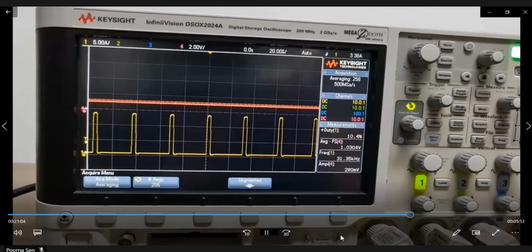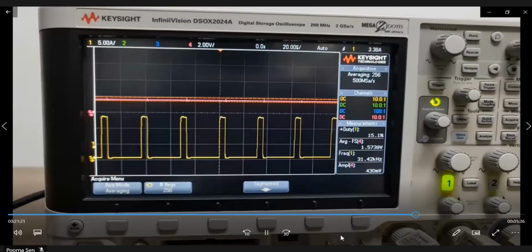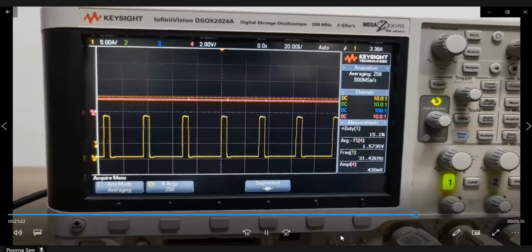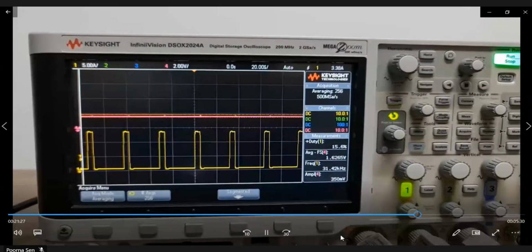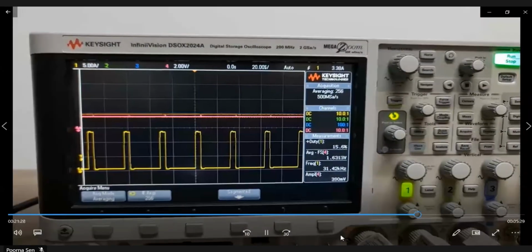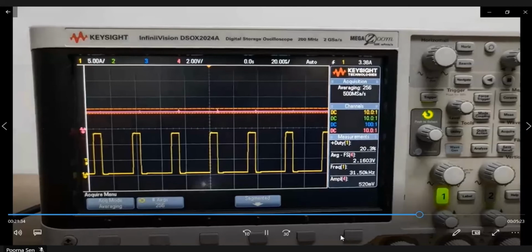Now the duty ratio is again changed to 15.2%. The output voltage is 1.574 volts and the load current is 80 milliampere. Now the duty ratio is 20.3%.